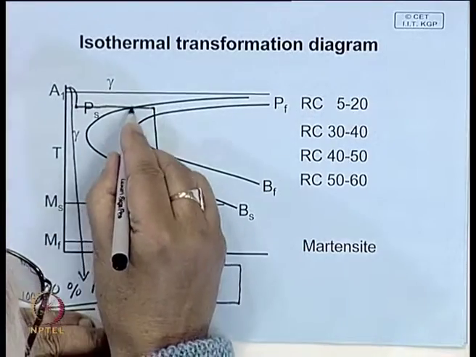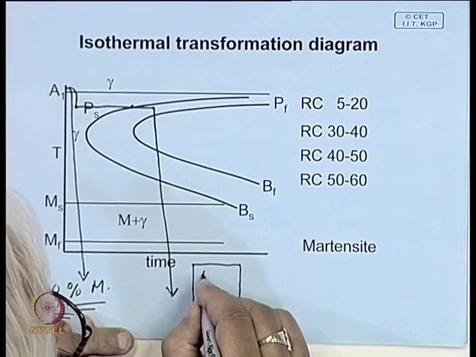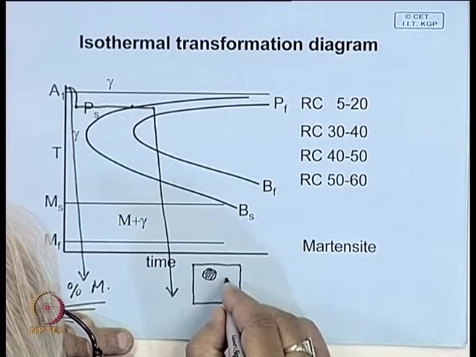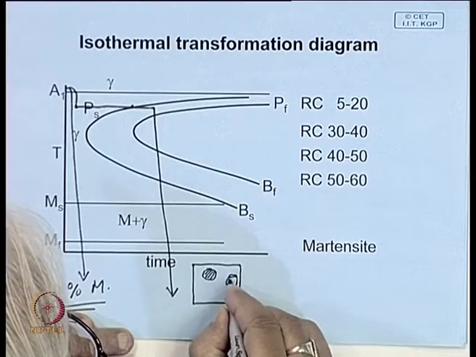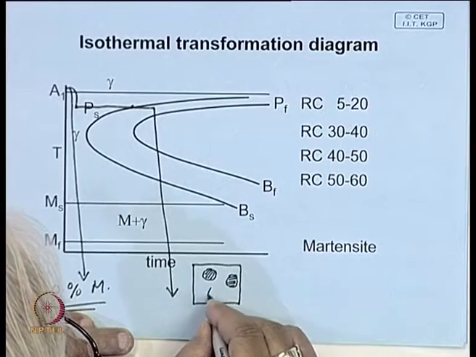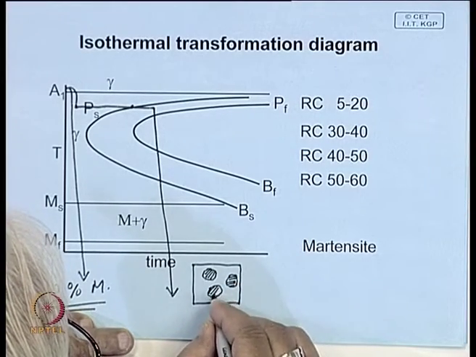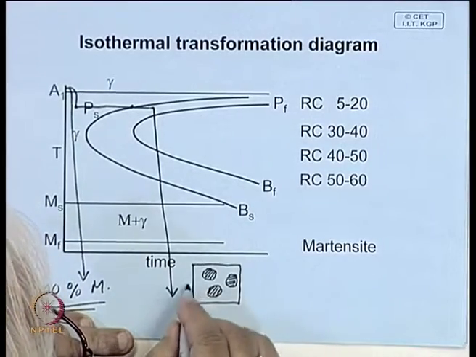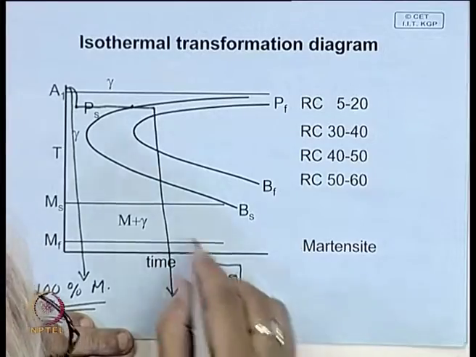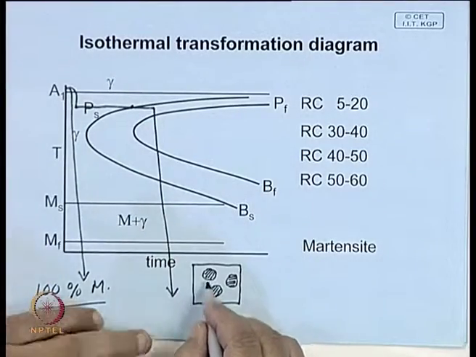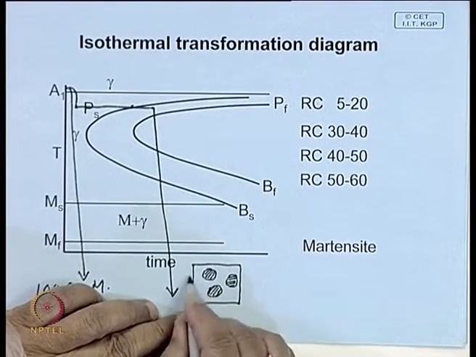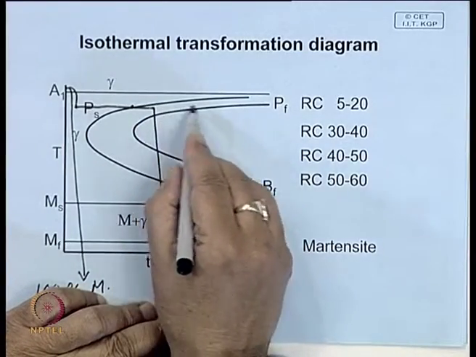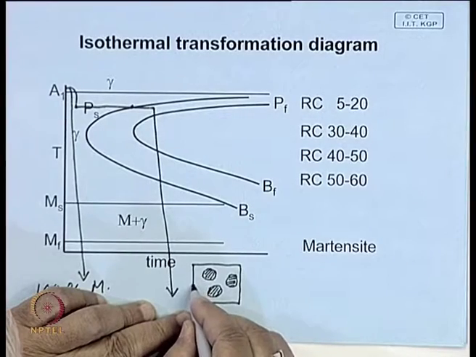Once this point exceeds, you have these nodules of pearlite forming. These are nodules of pearlite that have formed, and then the rest of the thing, if you are quenching, here you do not allow time for the carbon to diffuse and continue with the formation of pearlite. So, here what will happen?